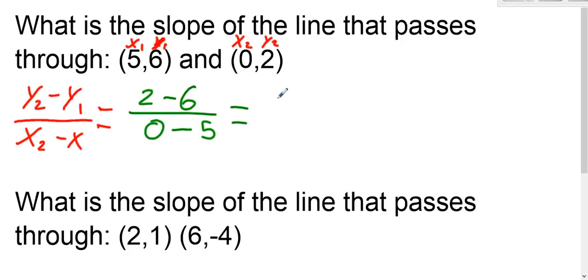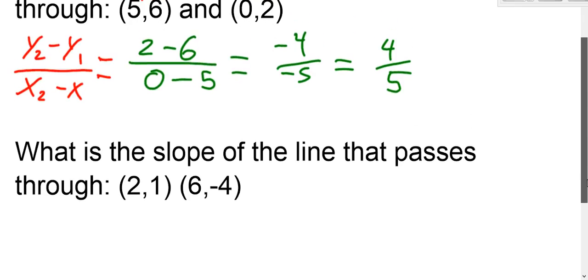Two minus 6 is -4. 0 minus 5 is -5. Negative over negative is positive 4/5. We'll do the same thing for this other line.